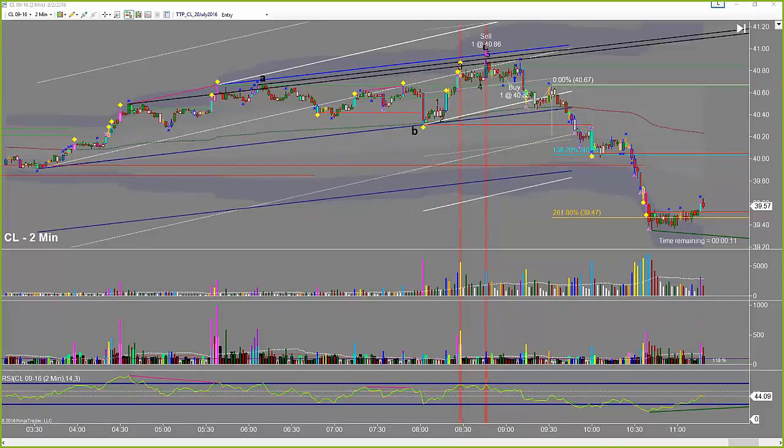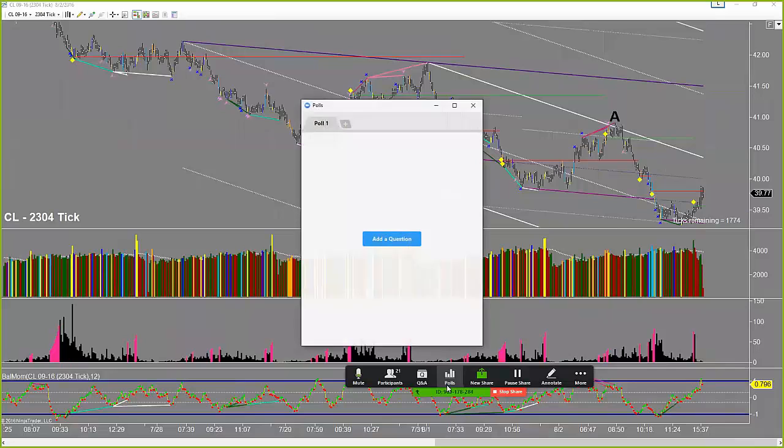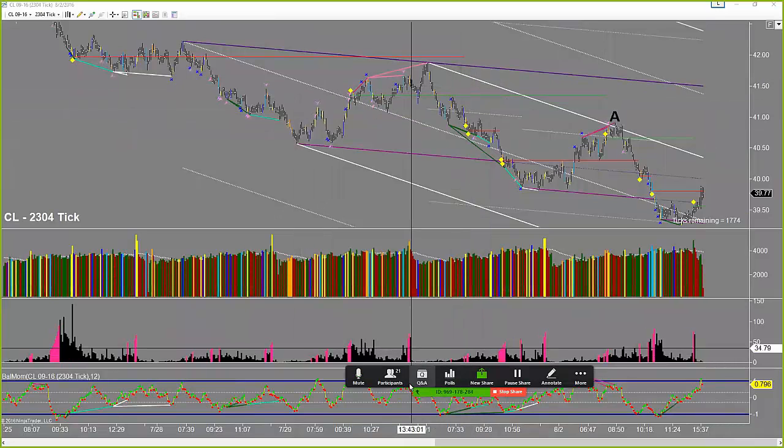Okay, so coming back to the larger tick chart, we had another upper median line from different swing points.